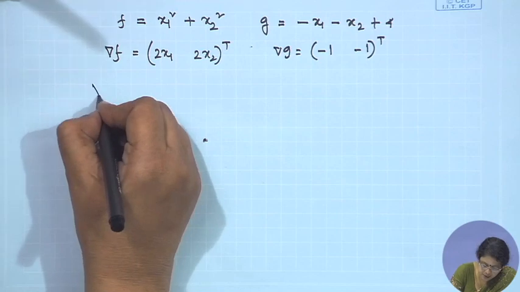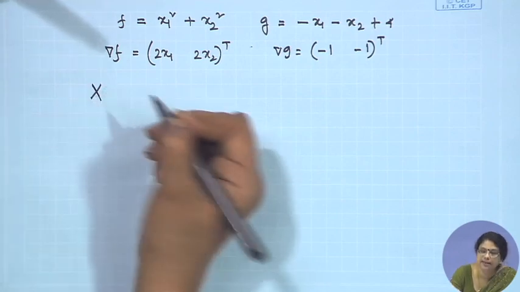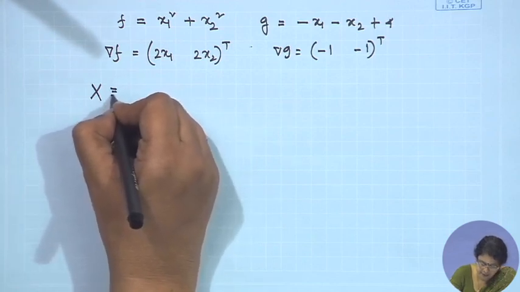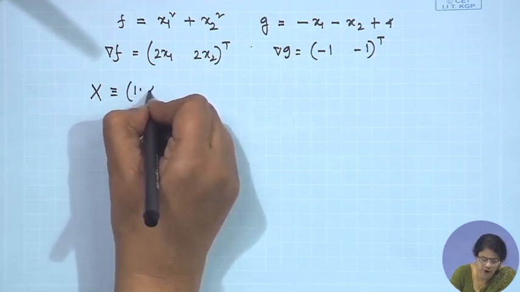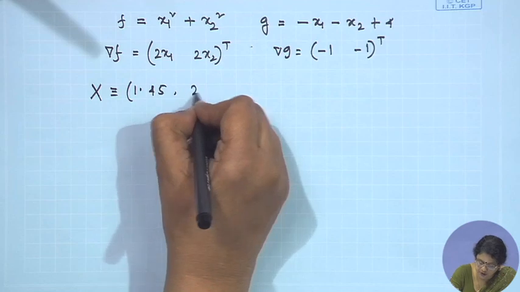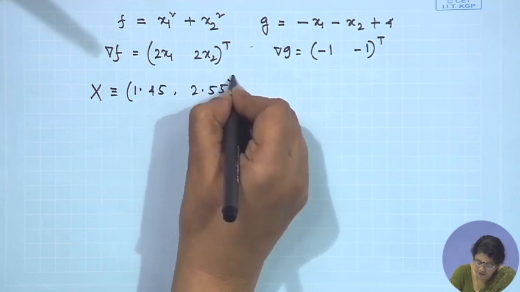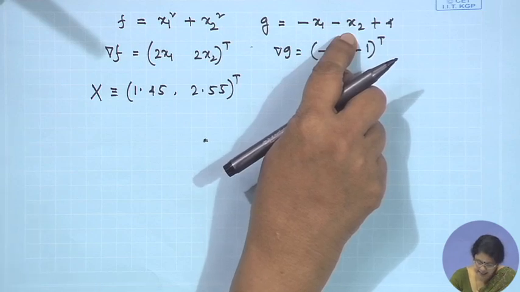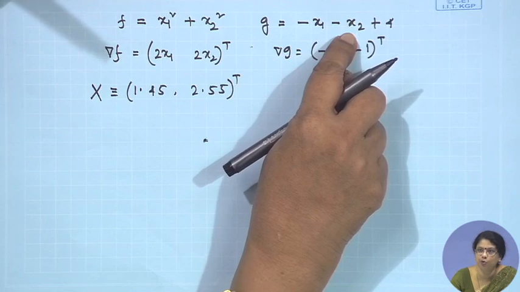Let me take one point x, any point within the space. You check whether this point is within the feasible space or not. If I add it, is it greater than 4? It is coming exactly equal to 4.